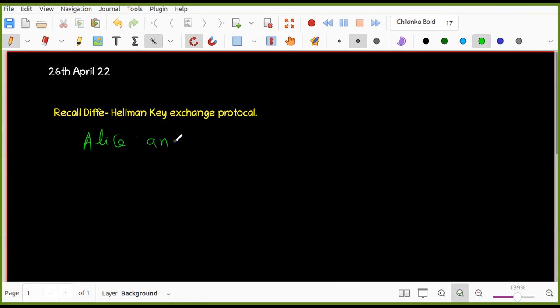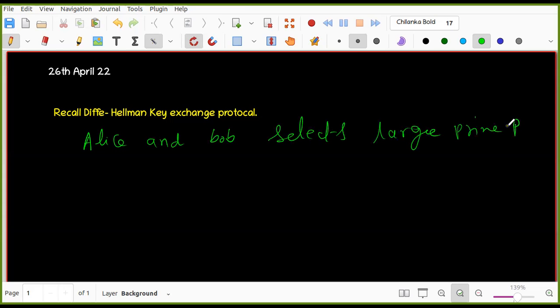So I am talking about the Diffie-Hellman key exchange, right? Alice and Bob select a large prime P. Since we discussed it already, I'm going a little fast.